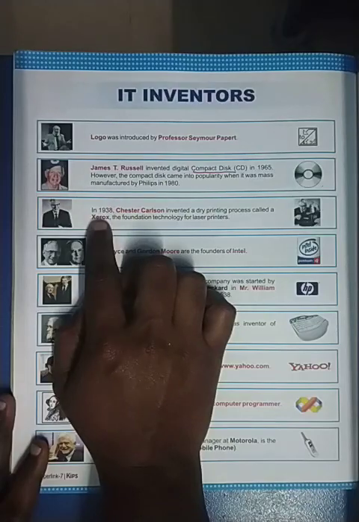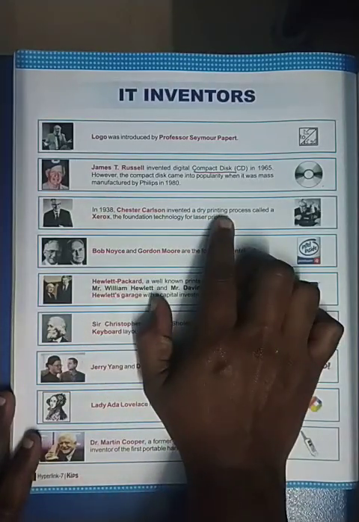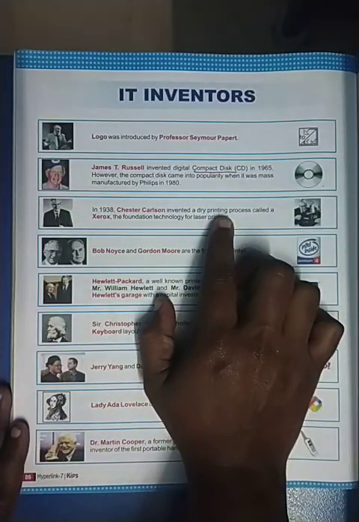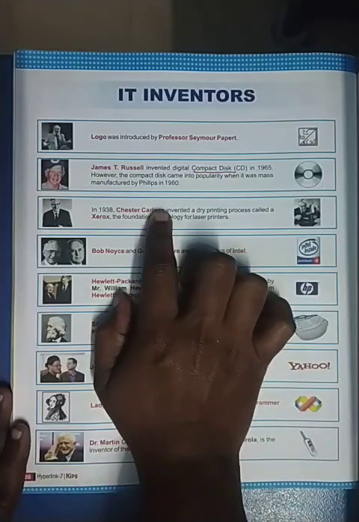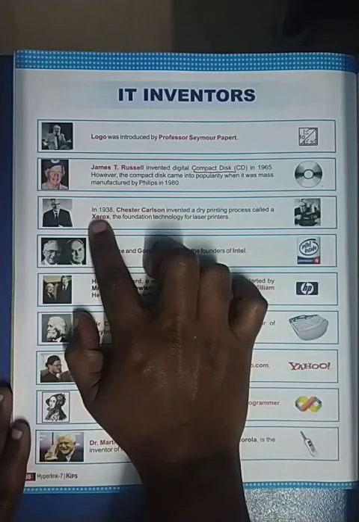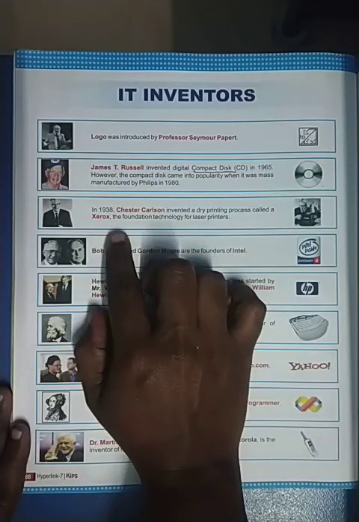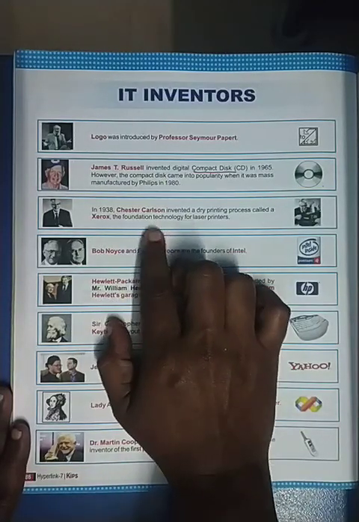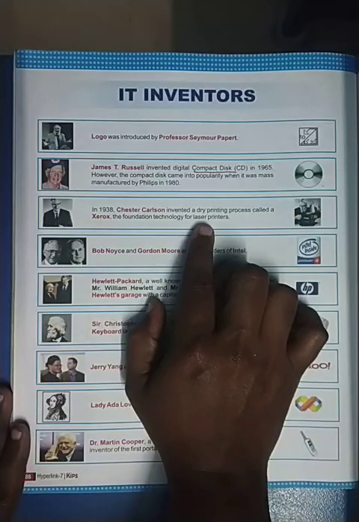So that dry printing machine was found by Mr. Chester Carlson in 1938. And that was the foundation for all the laser printers, the laser printers which we are using along with our computer.